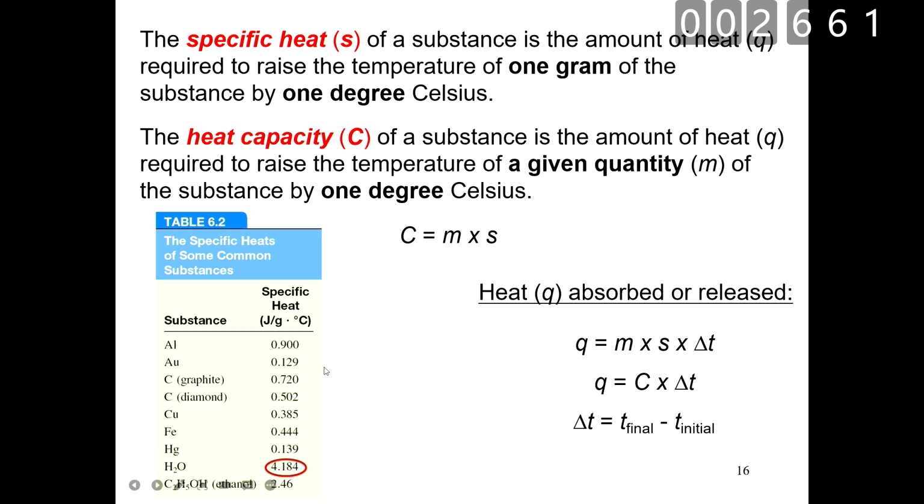For other substances it's very easy. For example, for the metal, if for 1 gram we raise the temperature by 1 degree, they only need very little heat, and water needs much more heat.